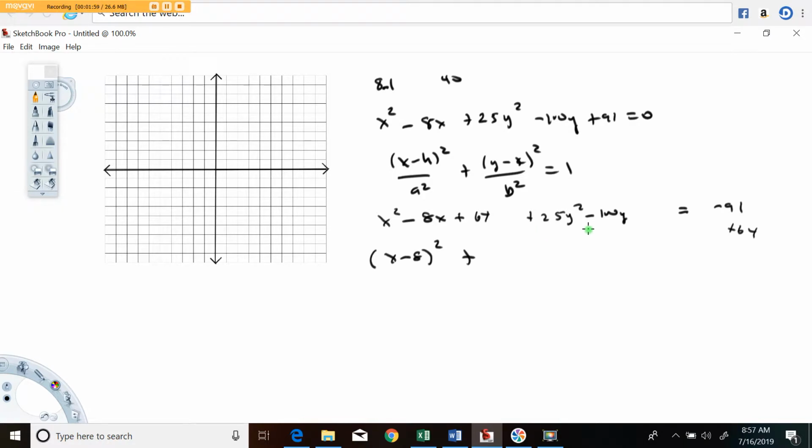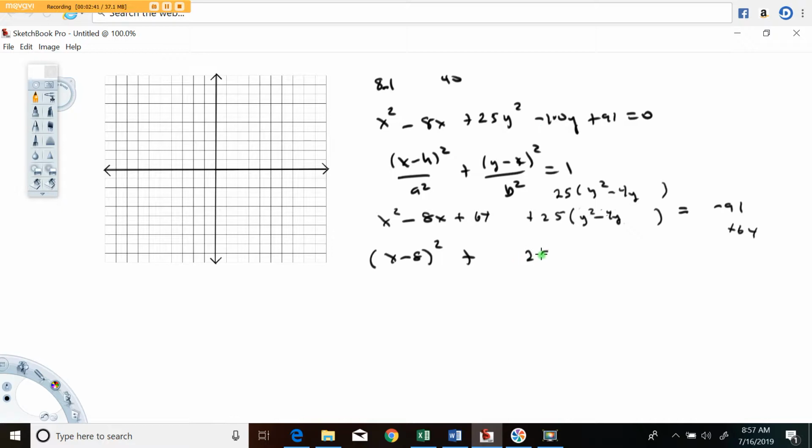Over here, before we complete the square, we want to factor the 25 away from these two terms. So 25 times y squared minus 4y, and then plus something. 25 times y squared is that term, and 25 times minus 4 is your negative 100y.